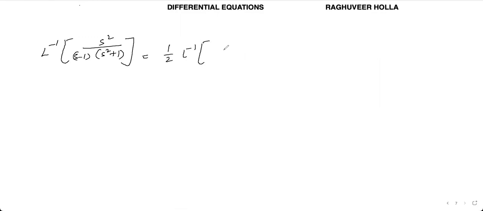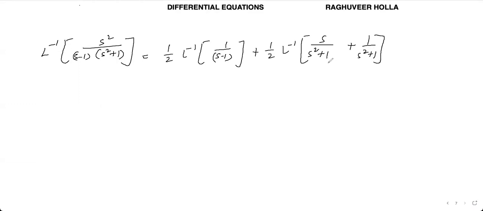So L inverse of s square by s minus 1 into s square plus 1 is half of L inverse of 1 by s minus 1, since a is 1 by 2, b is also 1 by 2 and c is also 1 by 2, and we'll split it, plus half of L inverse of s by s square plus 1 plus 1 by s square plus 1, which is equal to half of e to the power of t plus half cos t plus sin t. Okay, we got the first result.